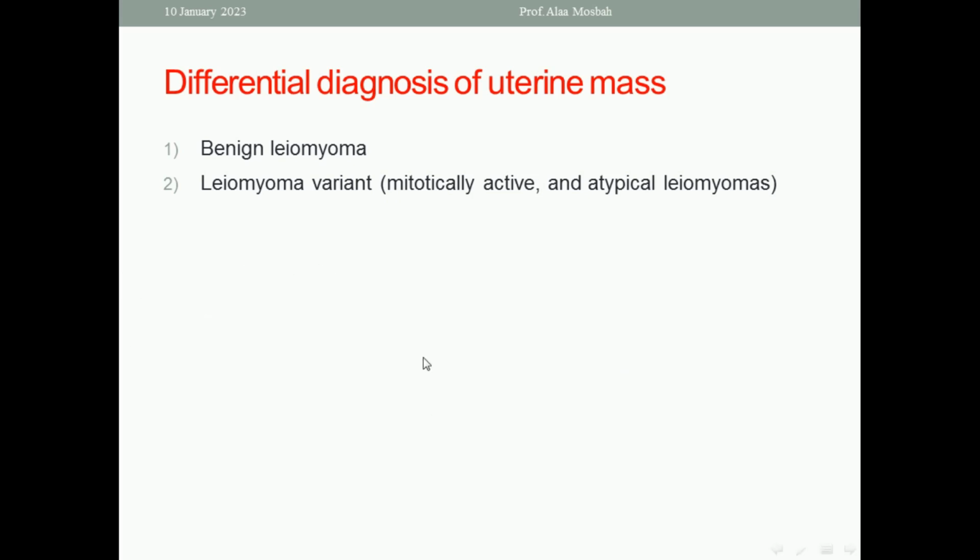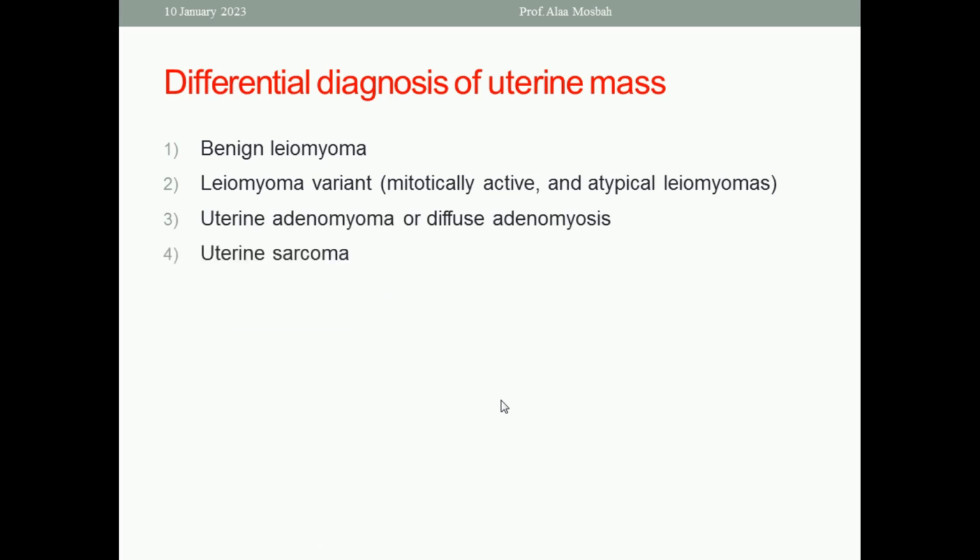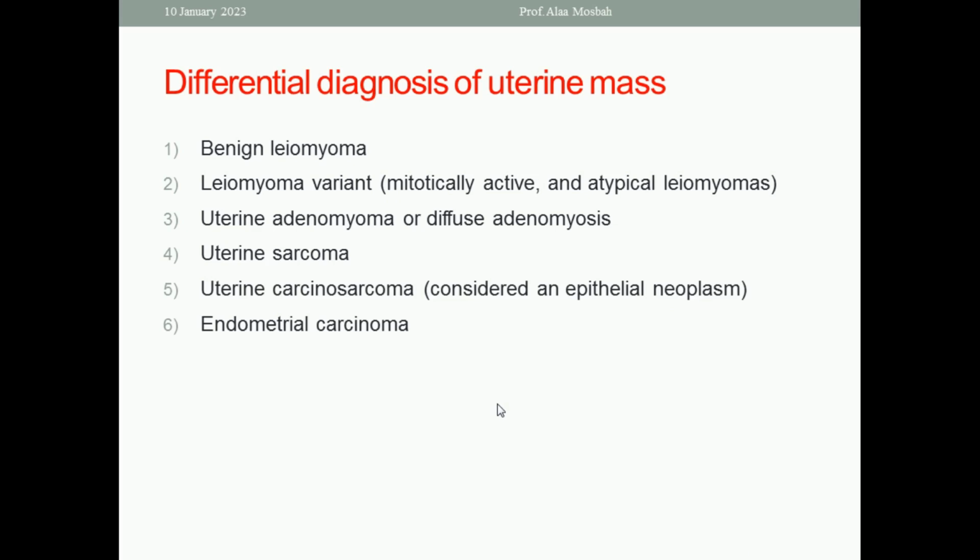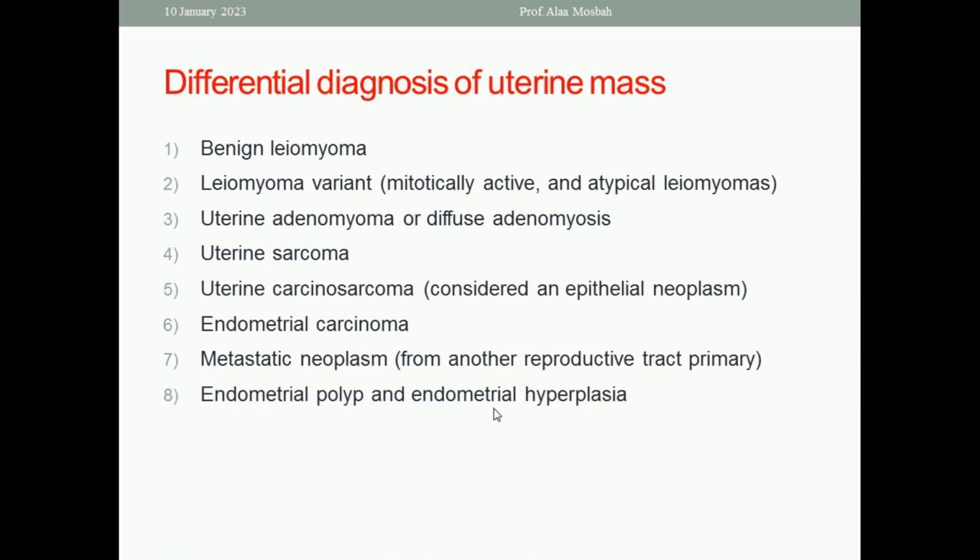Also leiomyoma variants, the mitotically active one and the atypical leiomyoma, uterine adenomyoma or diffuse adenomyosis, uterine sarcoma, uterine carcinosarcoma, endometrial carcinoma, metastatic neoplasm, endometrial polyp, endometrial hyperplasia, hematometra and pyometra.